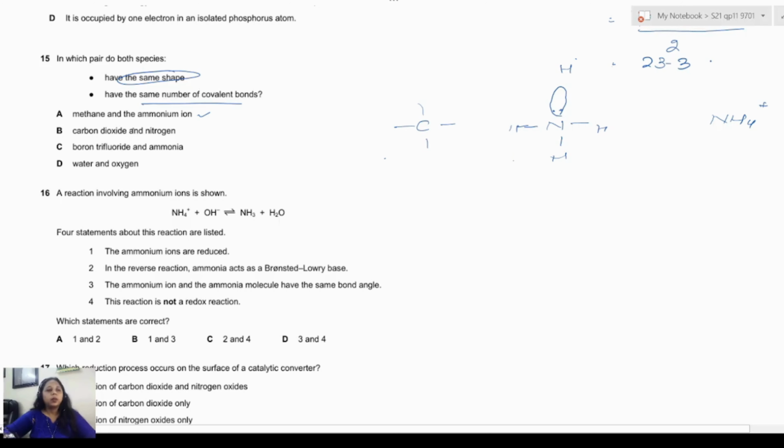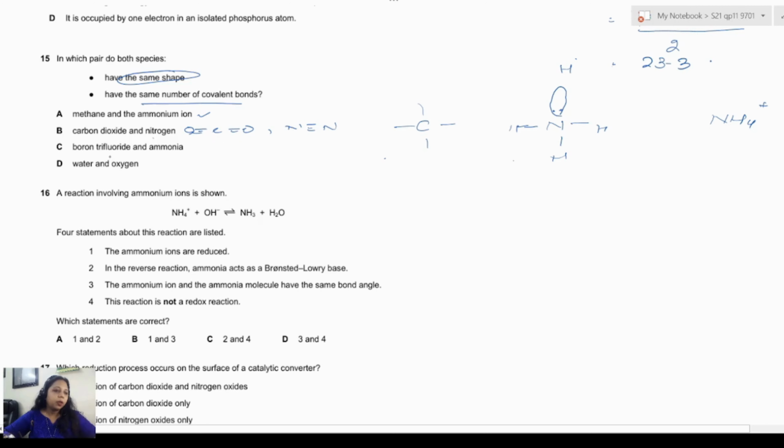Let's look at the other ones. Nitrogen has 3 bonds, while carbon dioxide is linear. Both are linear, but the number of bonds is different. It's carbon dioxide, carbon, and then oxygen on the side, and then we have ammonia. The shape is similar, but definitely the bonds are different.